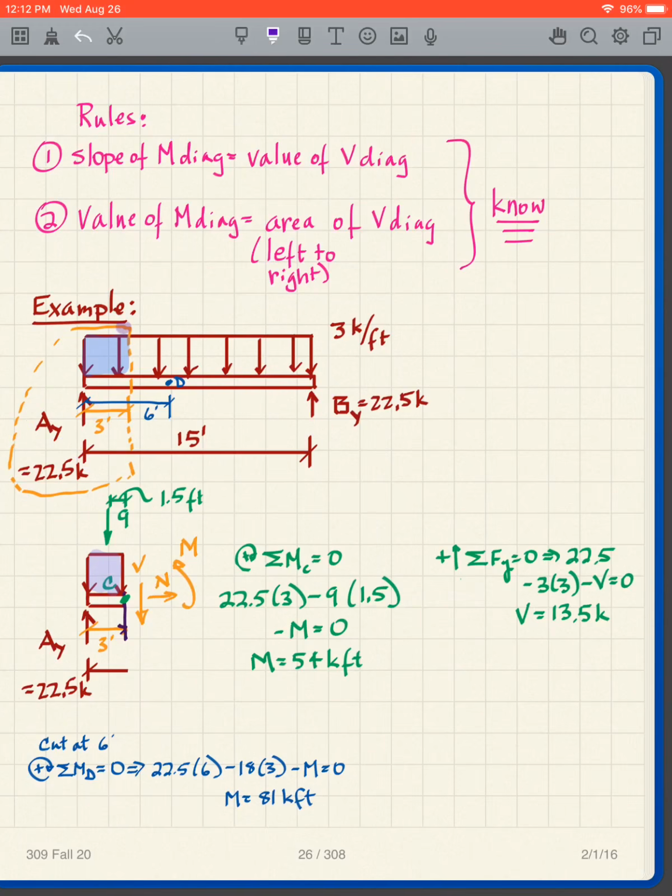I'm now going to make this cut here at a distance of 3 feet from the left end. So if I do that, then this is my free body diagram. I have my V, N, and M whenever I make a cut through my beam.